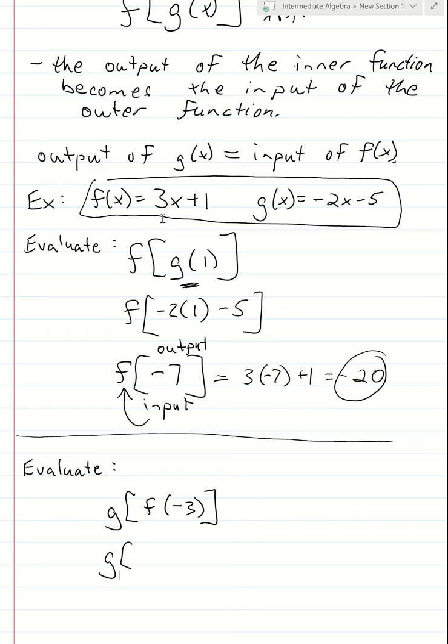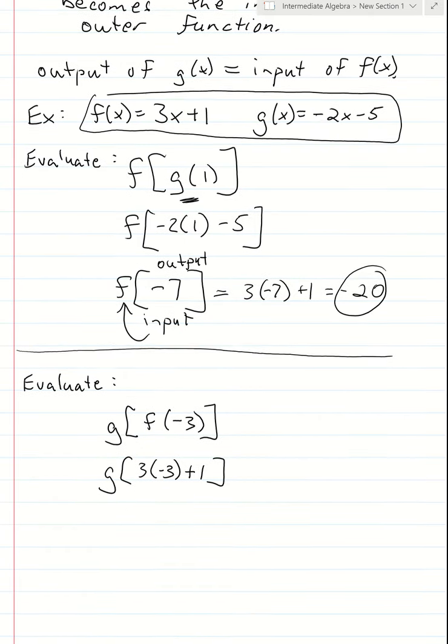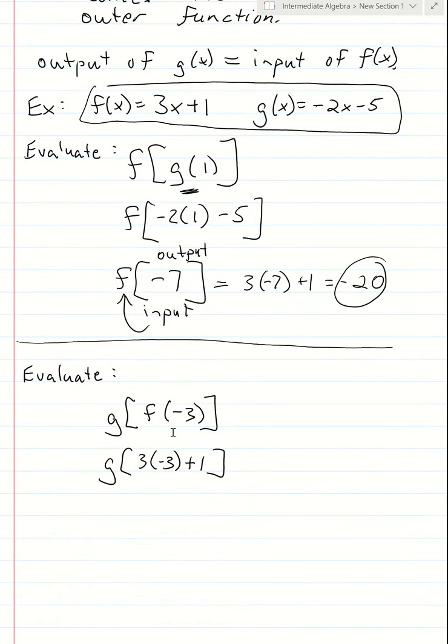And according to what we have up here, f tells me to take the input times the 3 and add the 1. So let me write that down. And now I want to evaluate this. I want to use my order of operations to simplify what I can inside the brackets. And in doing so, we would get a negative 8.